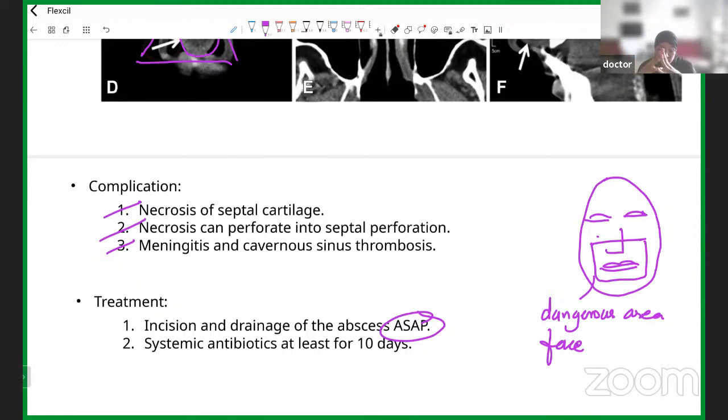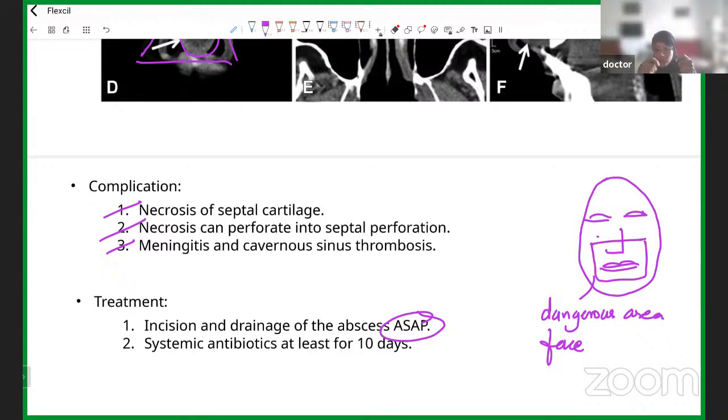So remember, any abscess, sebaceous cyst, or any abscess that you drain in your practical or clinical life, never suture them. Any abscess that you drain should not be sutured and should be kept open for at least 2 to 5 days.